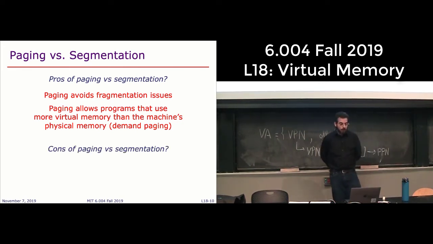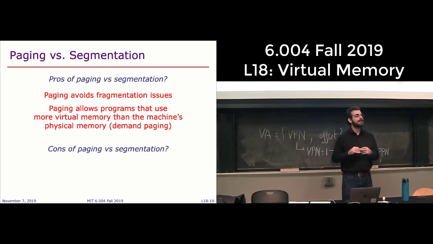Before we do that, I want to focus on what we're giving up here, right? Because we went from just having a couple of registers to a page table. And what's the problem there? Why is that bad?